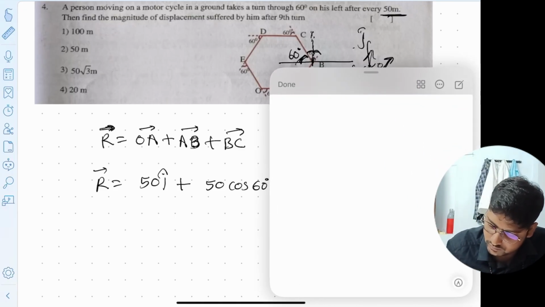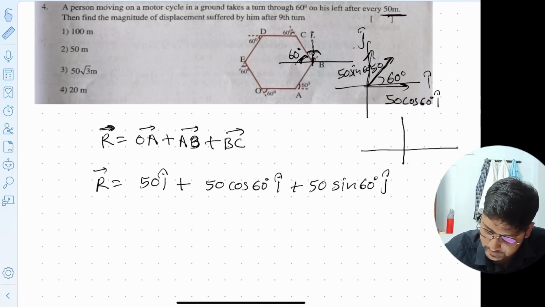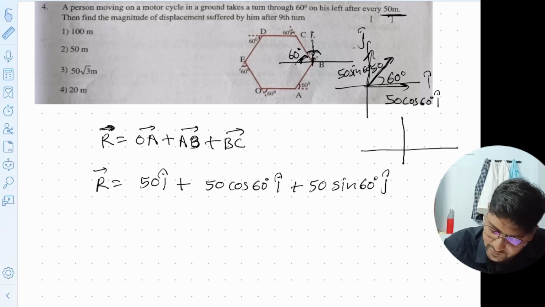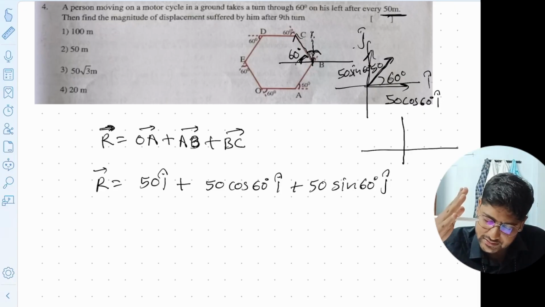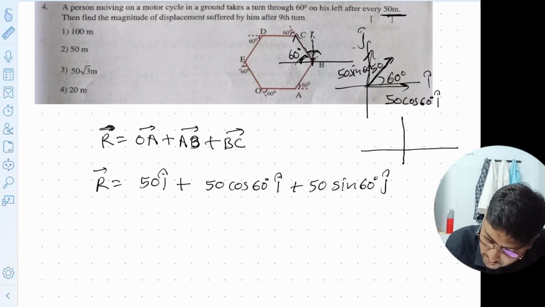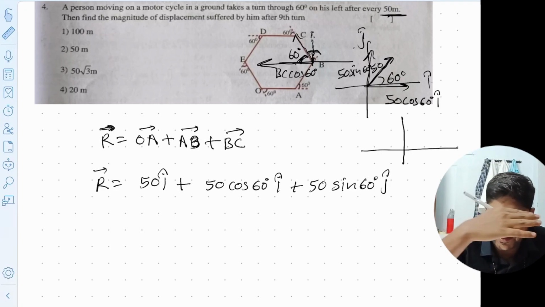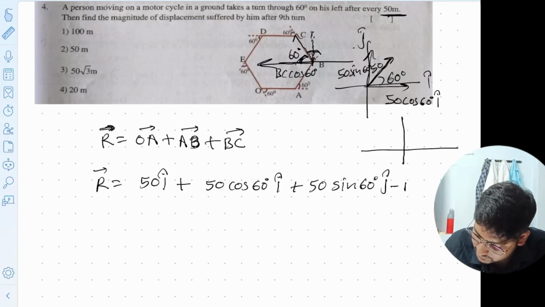If we take the components of our BC vector, one component will go in that direction, so it will be BC cos 60 in the minus I cap direction. BC is also 50, so 50 cos 60 in the minus I cap direction.